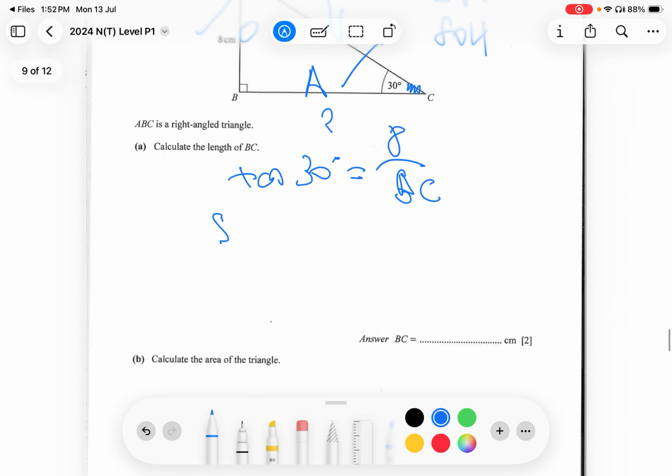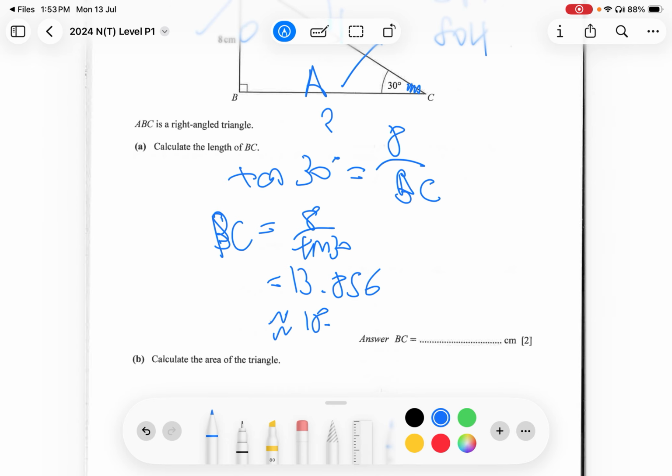So BC is 8 over tangent 30, is this, 13.856, 3SF 13.9. BC is 13.9.